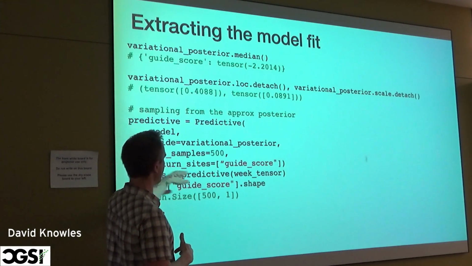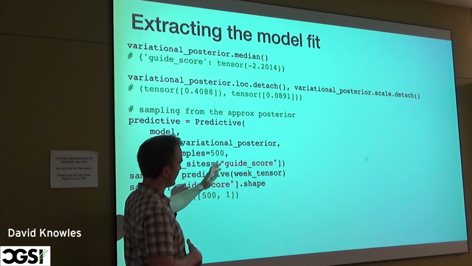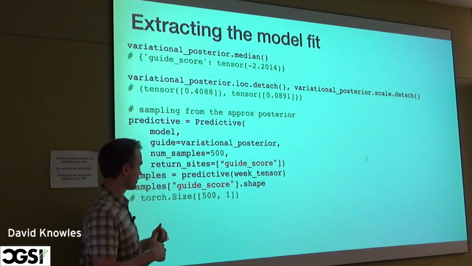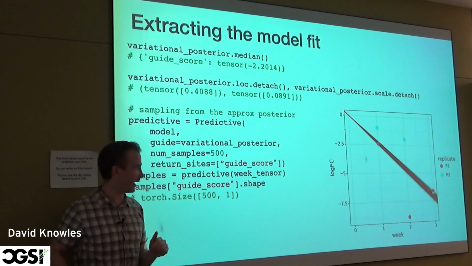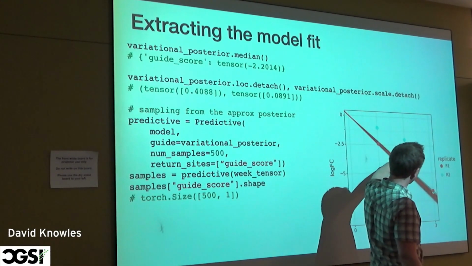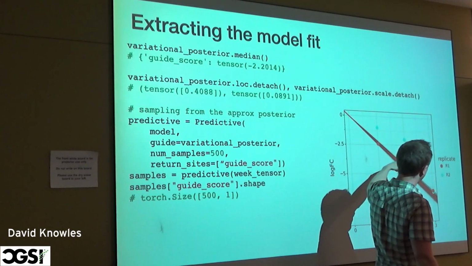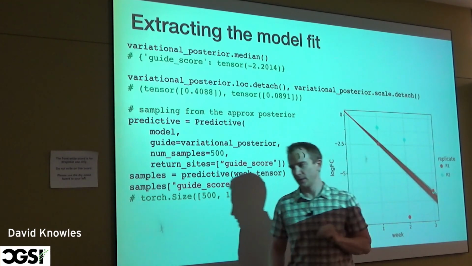In this case this is the only parameter, but you can specify certain parameters that you want and ignore the other ones, if you so wish. And each of these lines corresponds to a different sample of the guide score, which corresponds to slightly different fits to the data.